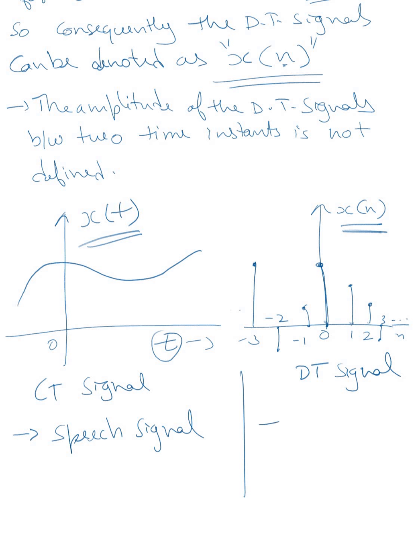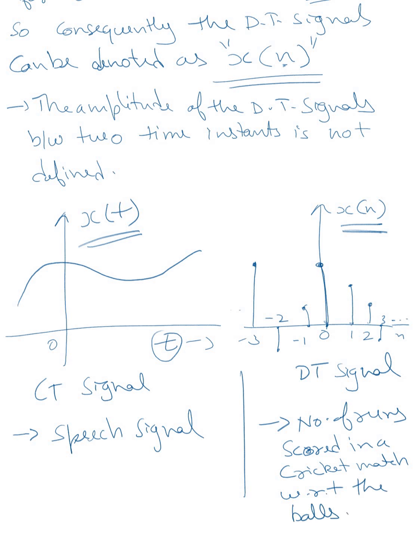On the other hand, the number of runs scored in a cricket match with respect to the balls can act as a discrete time signal, isn't it?